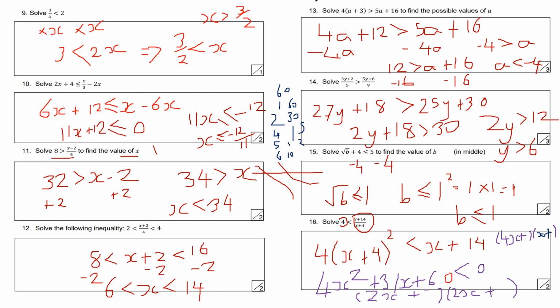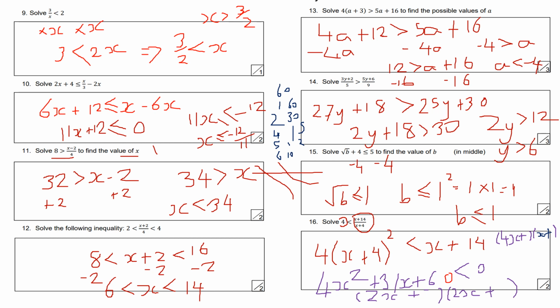So let's just write the factors out. I apologise, so I'm going to factorise this. Sorry guys, I apologise for being a bit slow here. So you'll have, let's say, 5 there and 12 there.